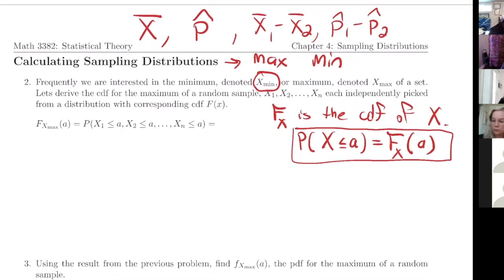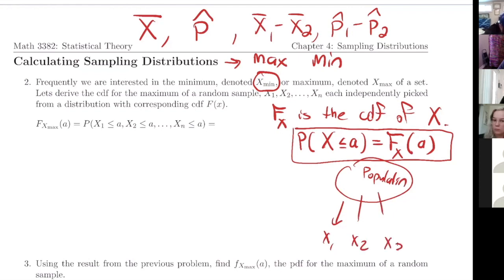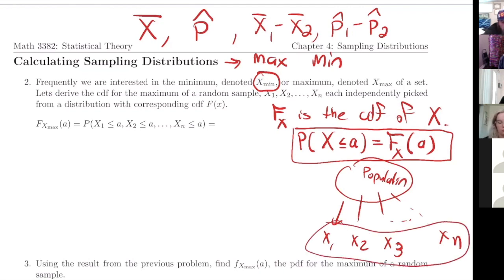Now we take a sample of n different things from population x, and we look at all of these things in our sample, and we want to ask, what's the probability that our maximum value is less than or equal to a?